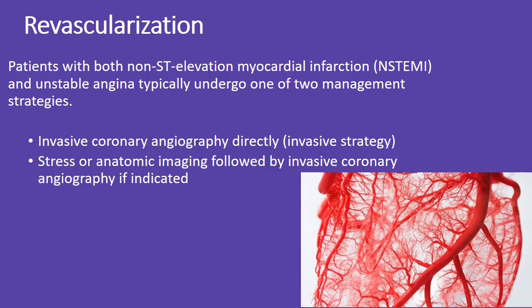Patients with non-ST elevation acute coronary syndrome, which includes non-ST elevation myocardial infarction and unstable angina, typically undergo either invasive coronary angiography directly, or stress or anatomical imaging followed by invasive coronary angiography if there is an indication. We will discuss this in detail later.